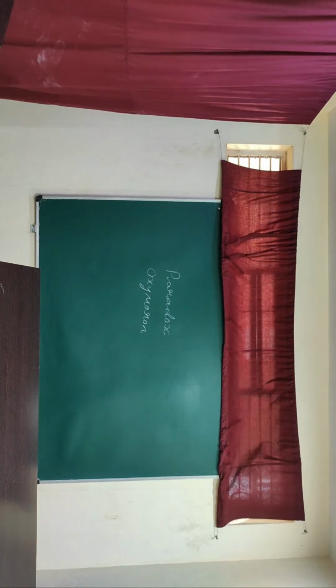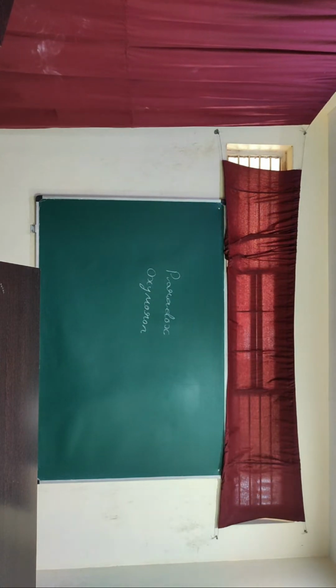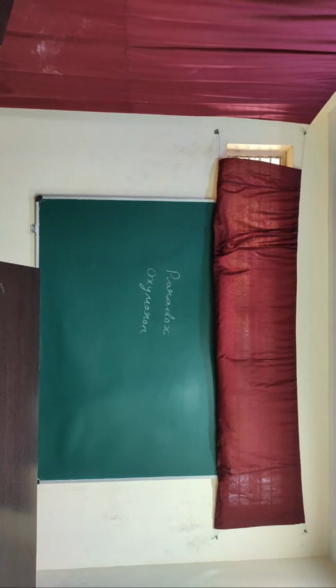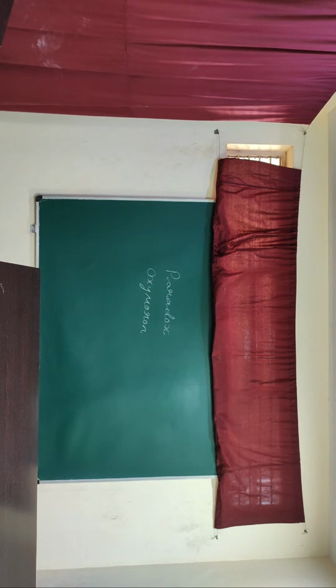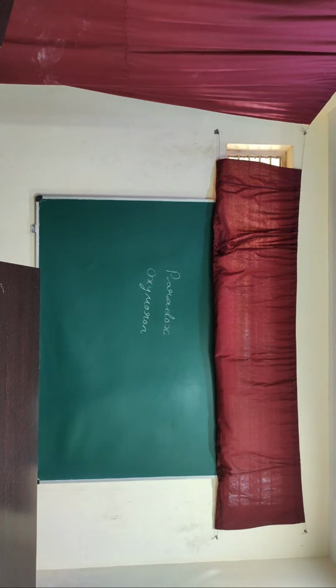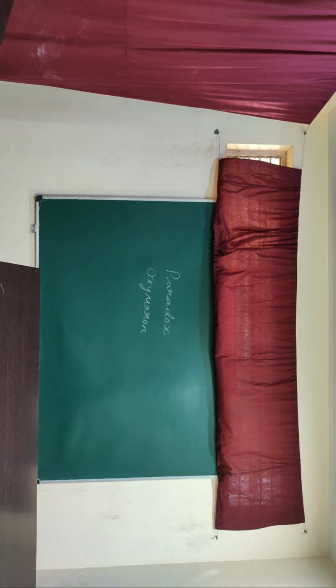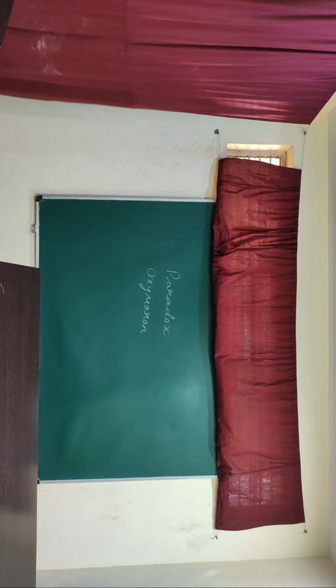So I just gave you a task to go through it once again so that you will understand in a better manner. So we are done with simile, metaphor, personification, irony, and alliteration. Do you remember? Alliteration, paradox, oxymoron.